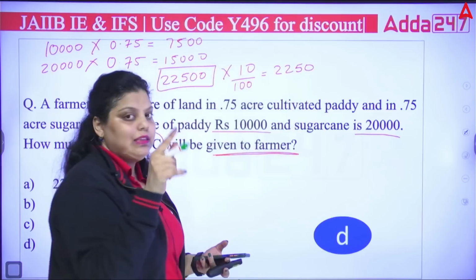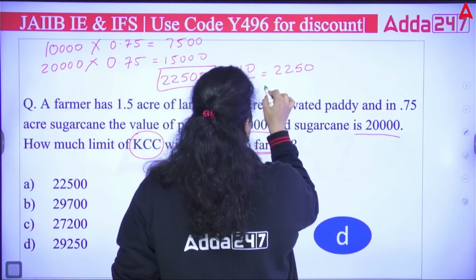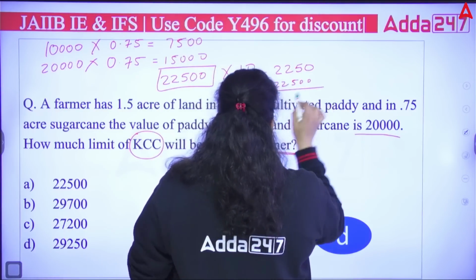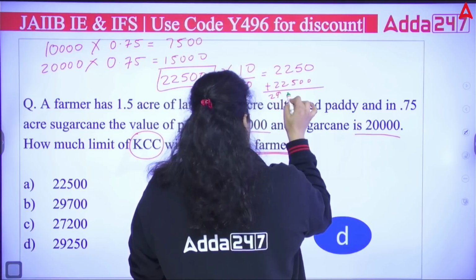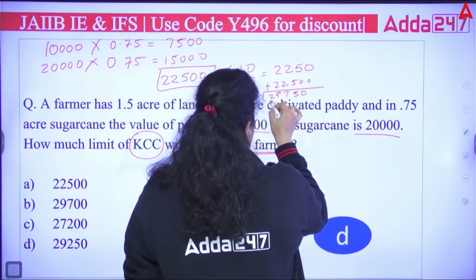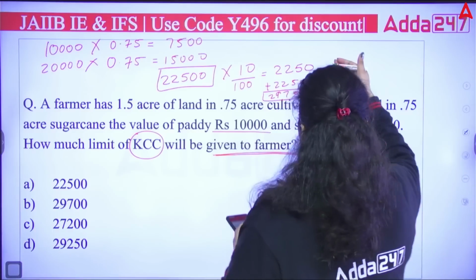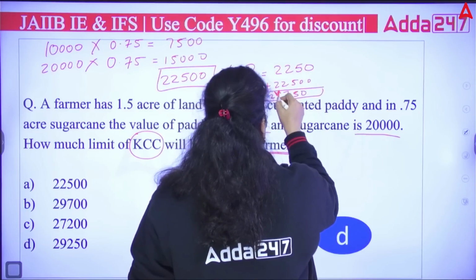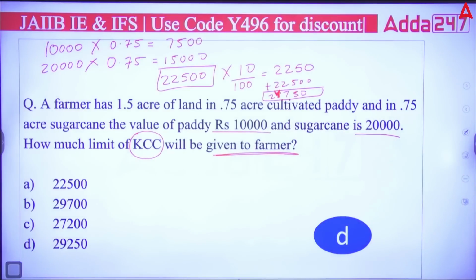We have to add this value to the earlier amount of 22,500. When you add this, you get 24,750.